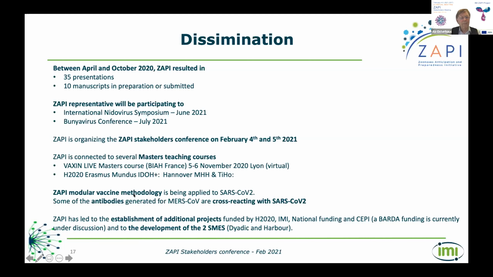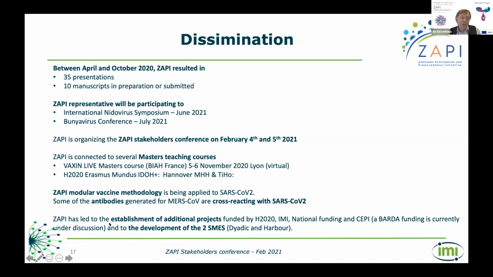And then the ZAPI modular vaccine methodology is currently being applied to SARS-CoV-2. As I said, some of the antibodies of MERS-CoV were shown to cross-react with SARS-CoV-2, and broadly, as Bernd Jan said, broadly reactive antibodies against the coronavirus is one of the goals there, and these are gearing up also for clinical trials in the meantime.